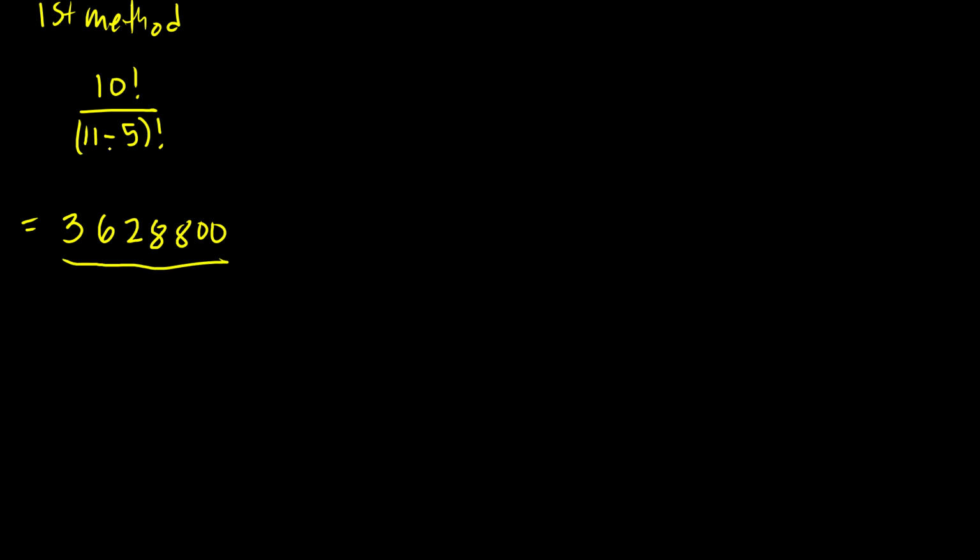O, simplify muna natin yung nasa parenthesis. 11 minus 5 ay 6 factorial. So we will have 3,628,800 divided by 6 factorial. Ano yung kaninang value ng 6 factorial? Diba si 6 factorial ay 6 times 5 times 4 times 3 times 2 times 1. Or using your calculator, 6 factorial is equal to 720.